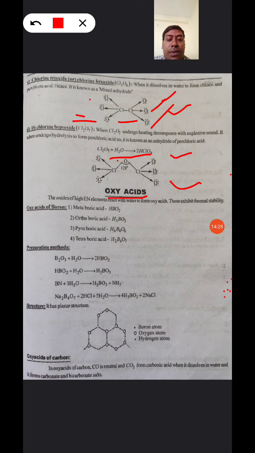Then next, oxy acids of boron. Next we are discussing oxy acids of boron.